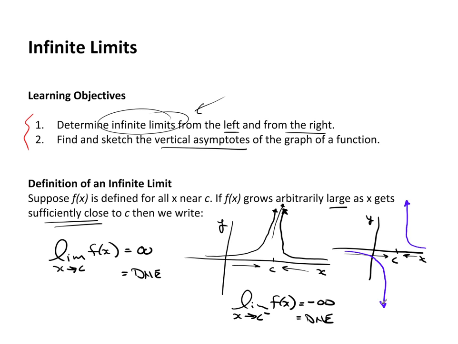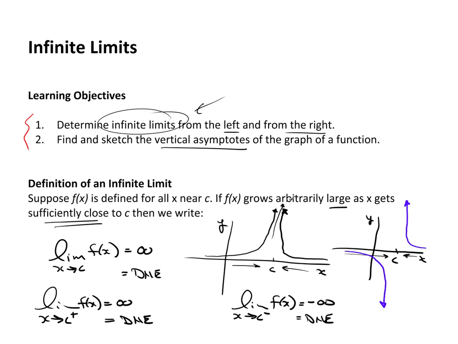And, sorry I'm running out of room, I need to come over here, the limit as x approaches c from the right of f of x equals positive infinity, which also implies that it does not exist.